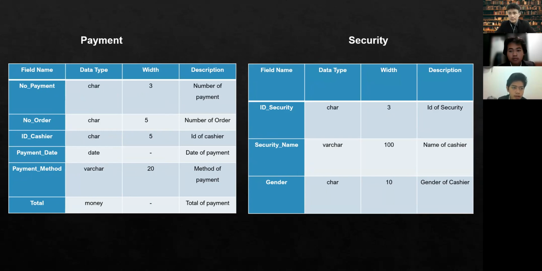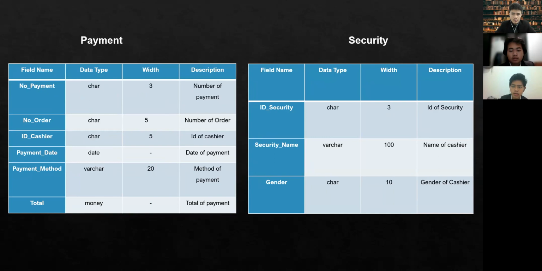The file name is no payment, no order, ID cashier, payment date, payment methods, and total. Example for no payment is data type is char and width is 3 and description is number of payment.